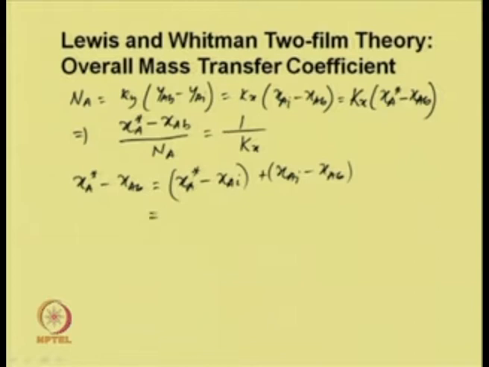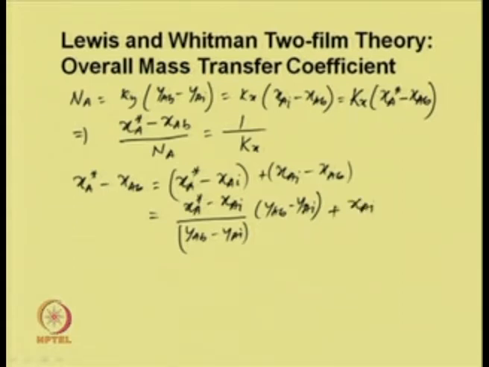So, we can write this equals (x_A* minus x_Ai) divided by (y_Ab minus y_Ai), into (y_Ab minus y_Ai), plus x_Ai minus x_Ab.